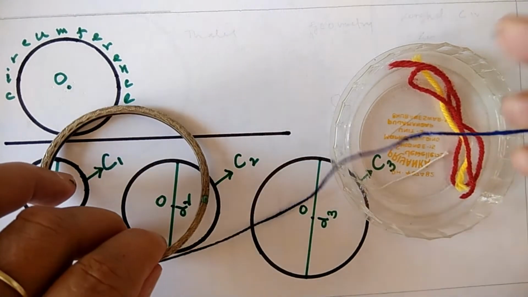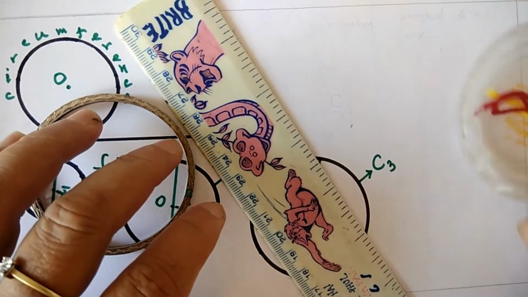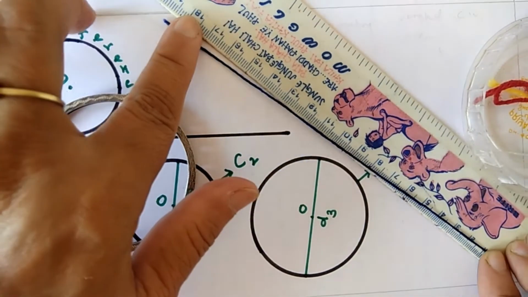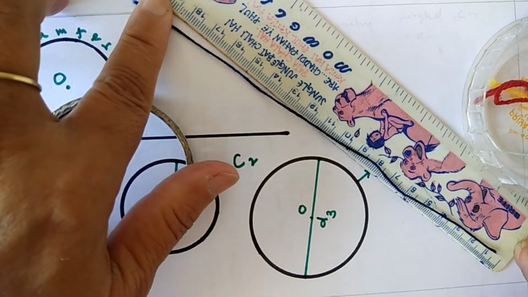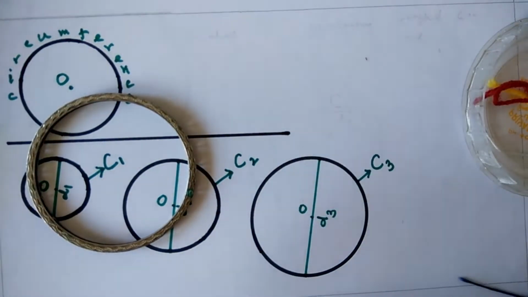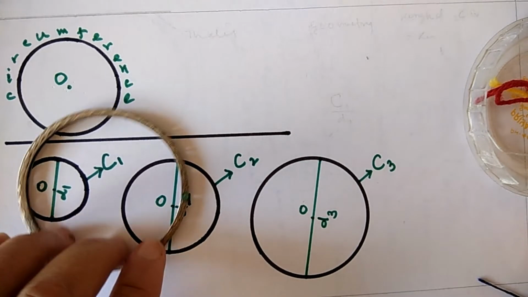And if we place it on the ruler, we'll get it. It is approximately 20 centimeter. So this way we can measure the circumference of a circular object.